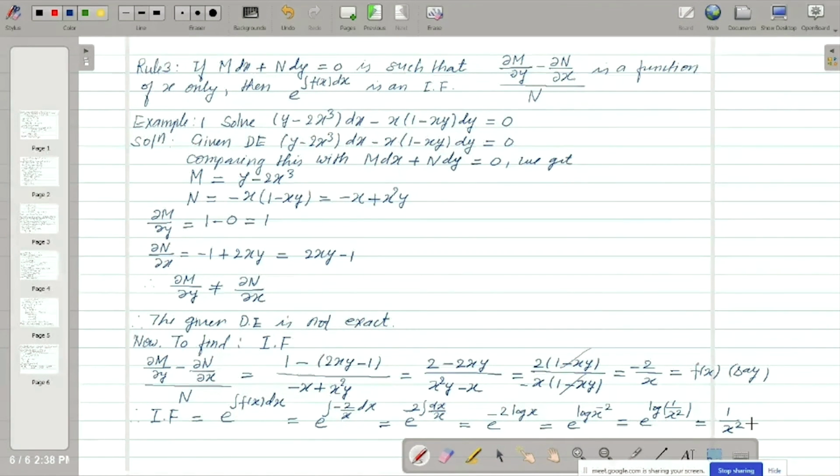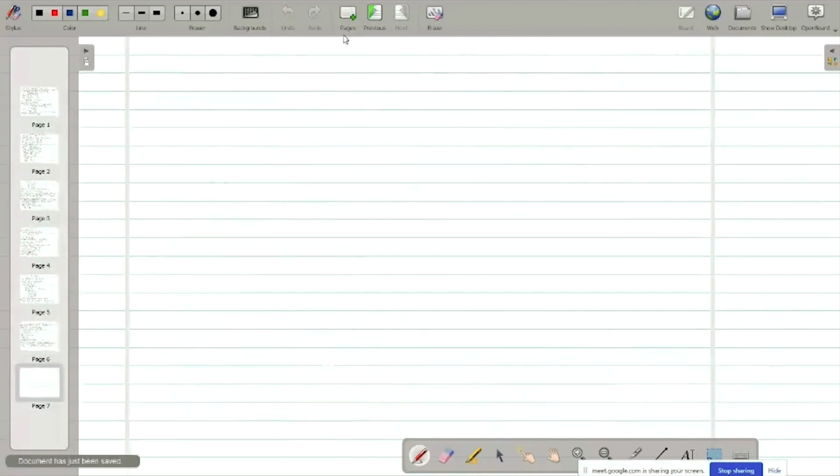Now multiply this integrating factor in equation number star. Which is the equation number star? This one. The given equation is always equation number star. Now let us move to the next page. So what do we have to do in the next step?